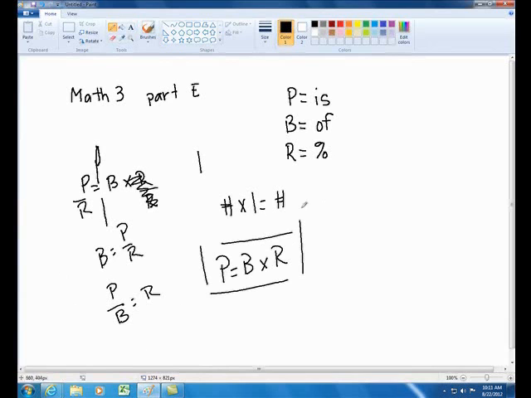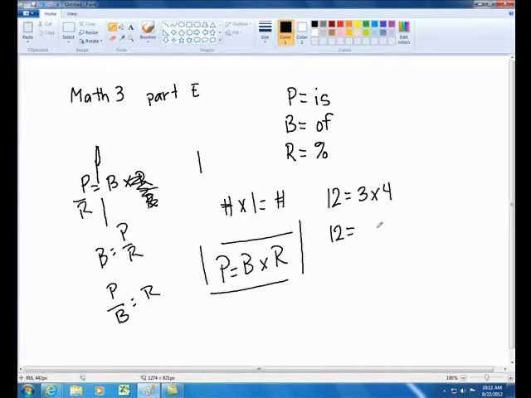If all this working with the letters gave you a headache, then I'm going to show you one simple way of why it works that way. If 12 equals 3 times 4 is a true statement, then I can take out any one of these and you can still be able to solve for it.